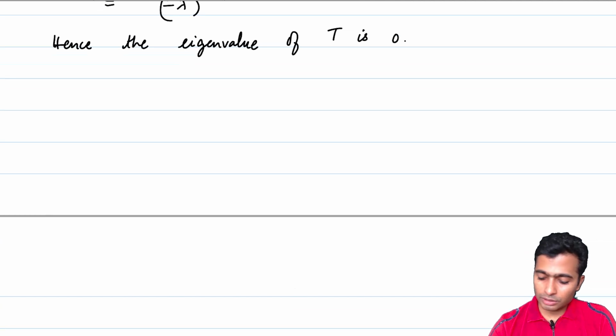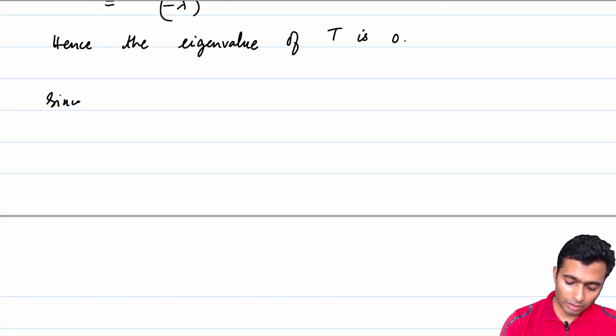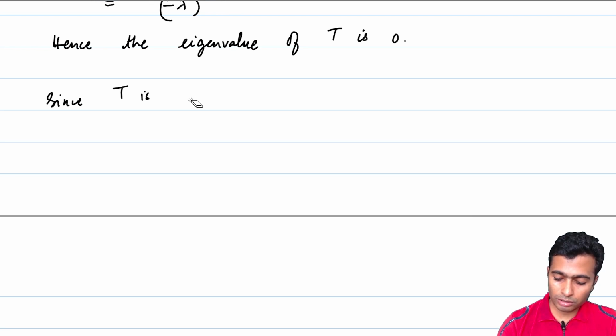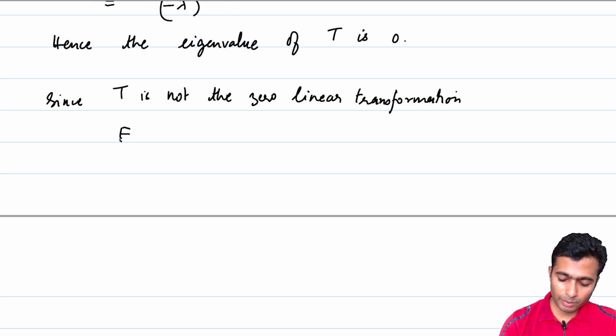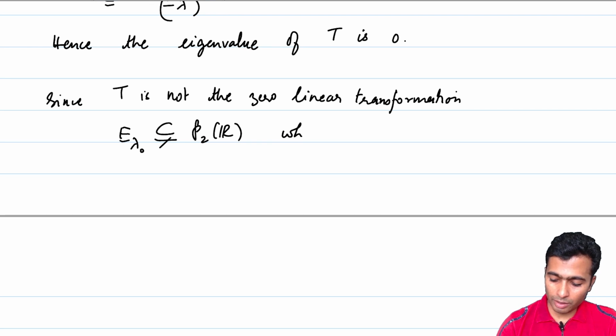So notice that since T is not the 0 linear transformation, the eigenspace corresponding to lambda naught is strictly contained in P2 of R, where lambda naught is equal to 0.